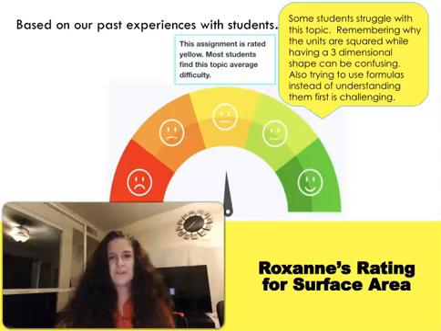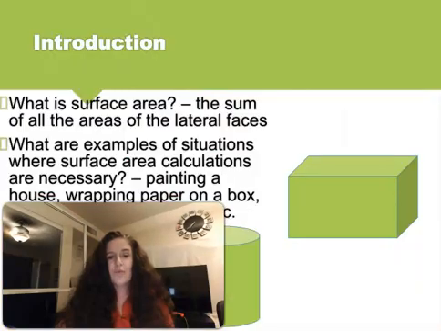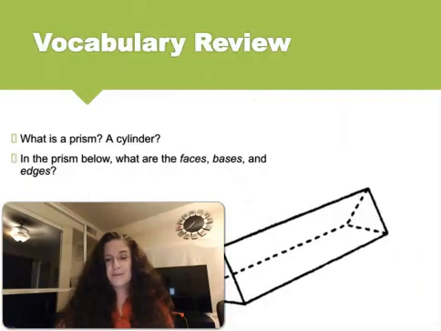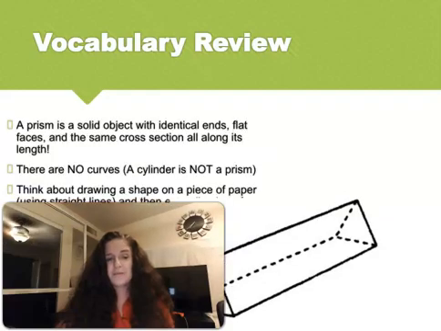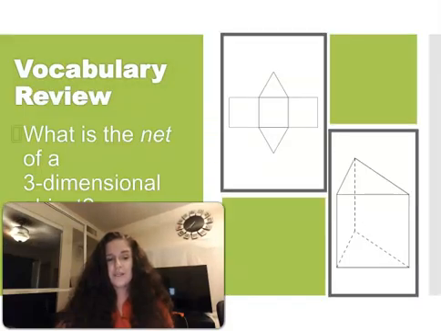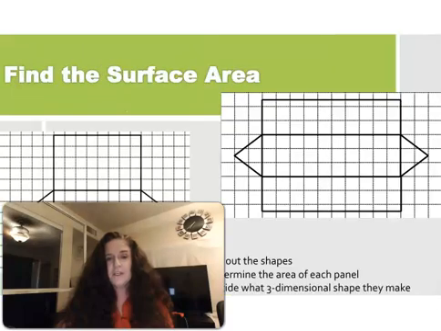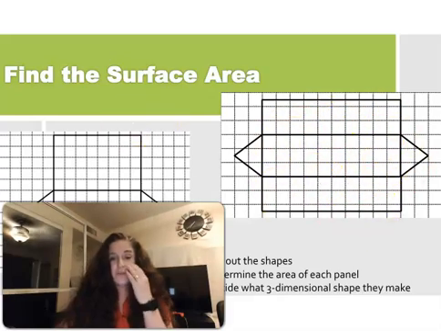Just make sure you understand what the formula is asking, because a lot of people use the formula incorrectly. So we're going to talk about different three-dimensional shapes, prisms, cylinders, those types of things. And specifically, we're going to talk about nets. So this is a net right here. It's basically a two-dimensional representation of that three-dimensional shape.